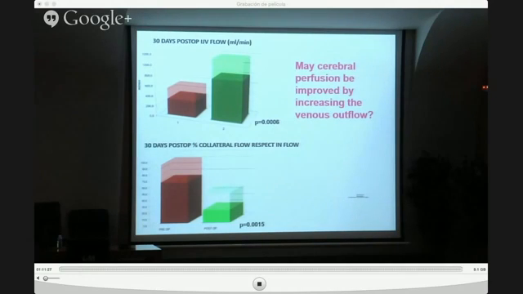This is a group of operated patients, and you may see the respective pre- and post-op flow in the internal jugular veins and the rate of collateral flow with respect to vein flow. You may see that we may obtain a very good increase of the venous outflow through the main routes and a significant and dramatic reduction of the collateralization post-op.